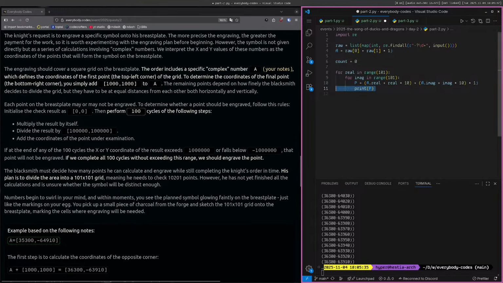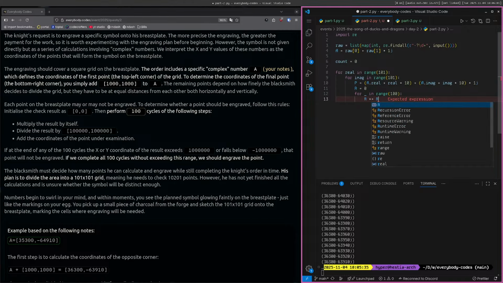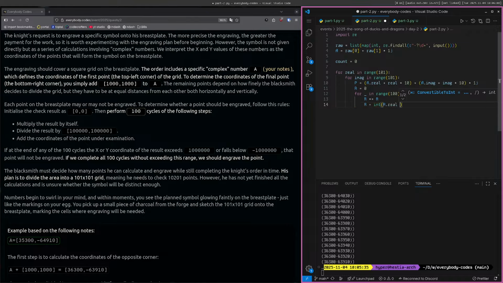we do a similar thing as last time where we set r equal to 0, and then we do 100 cycles. R times equals itself. R equals r dot real divided by 100,000.